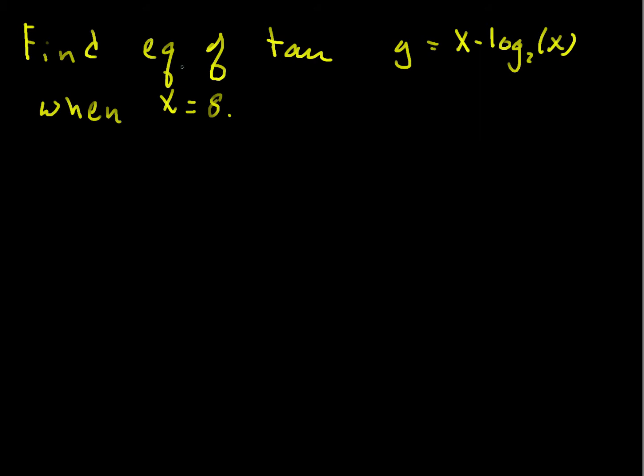To find the equation of a tangent line, the two things we need are a point on the line and a slope. We know the x value, so now the y value.